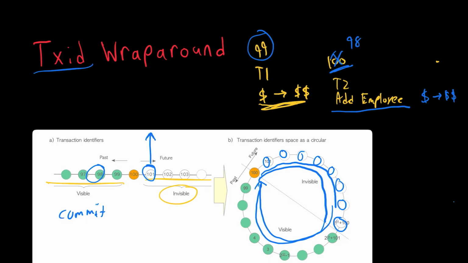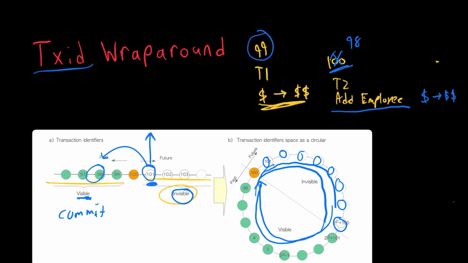So this should technically appear as visible. You can imagine a transaction ID that is technically greater is supposed to mean that all of the commits from it, all the information in that transaction, is invisible. But when you loop back around the circle, it might actually mean that this transaction that appears to be invisible is supposed to have some visible information to you.